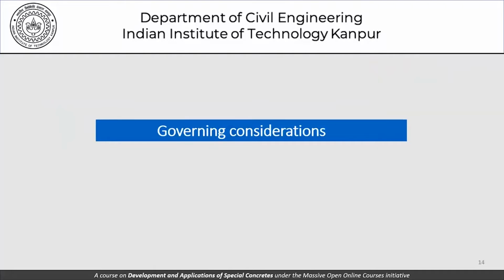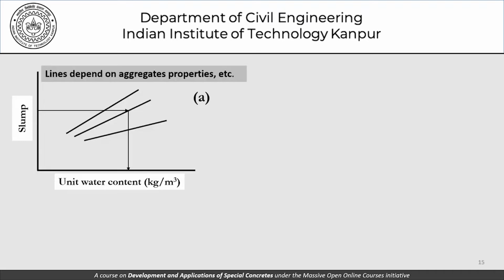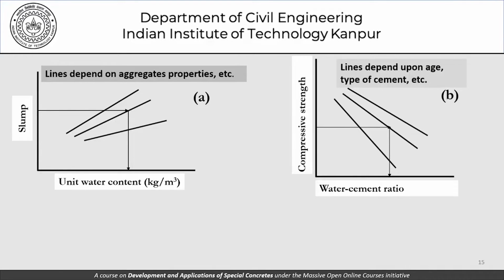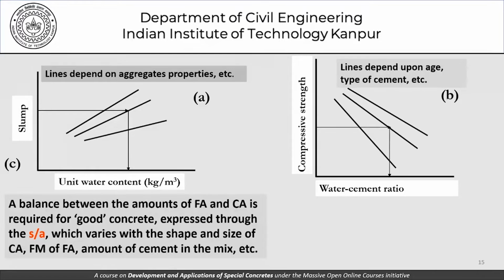Now let's quickly look at the governing considerations once again. We had already talked about this: unit water content versus slump, several lines. Compressive strength was the water cement ratio. The lines would depend upon age, type of cement and so on. A balance between the amounts of fine aggregate and coarse aggregate is required for good concrete, expressed through the S by A, which varies with the shape and size of the coarse aggregate, the fineness modulus of the fine aggregate, the amount of cement in the mix, and so on.